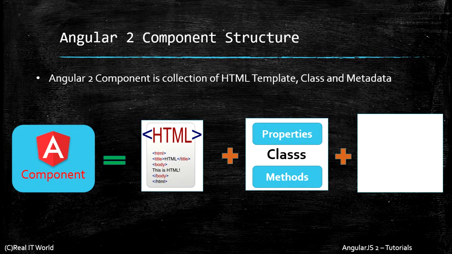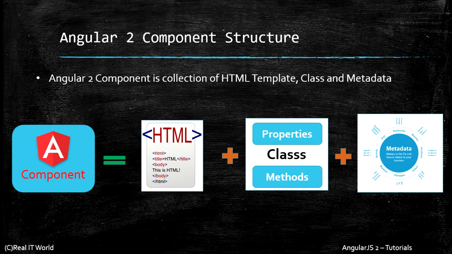Then the metadata. If you want to find out extra information about the component, like what is the selector of the component, we can find that through metadata. So if you want to find out the component's HTML, you can find that with the HTML template.